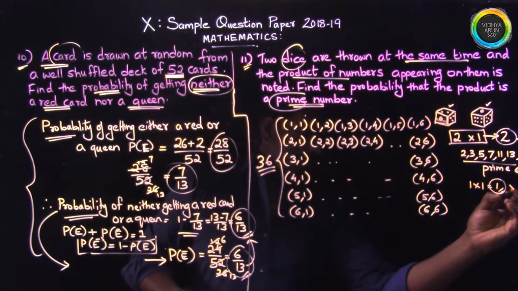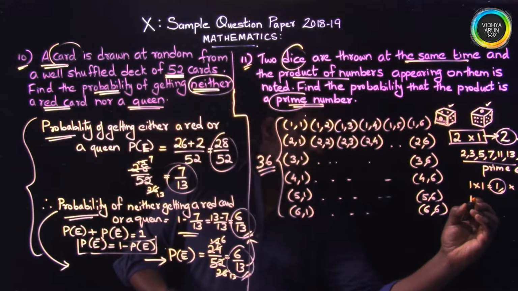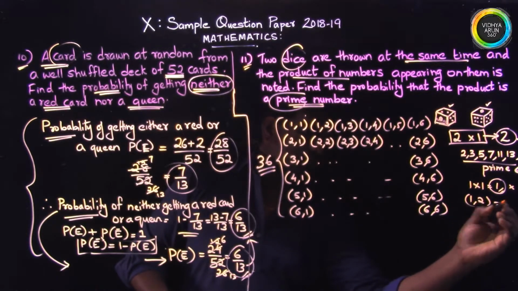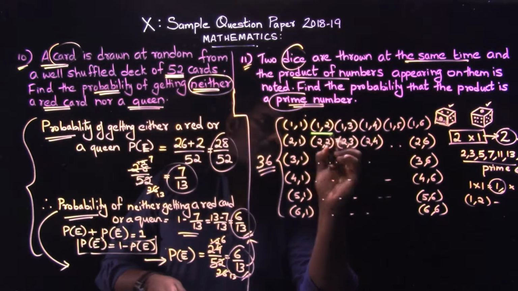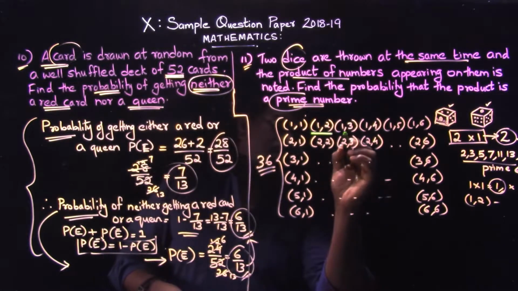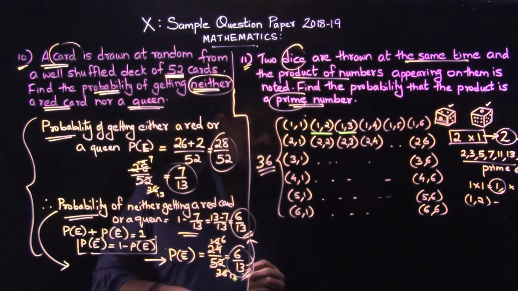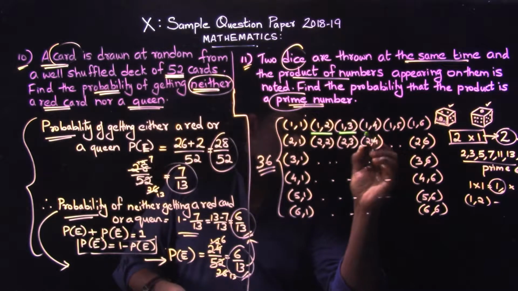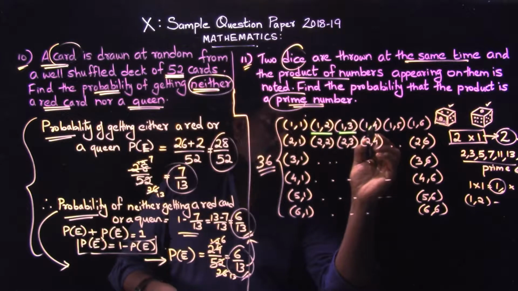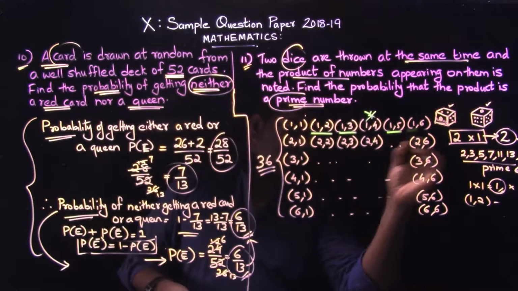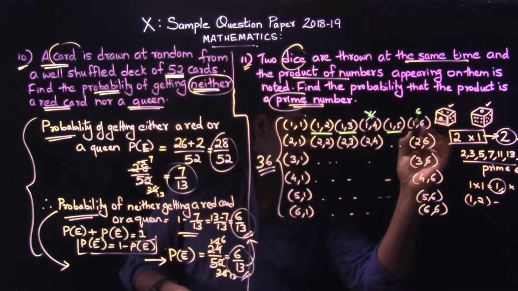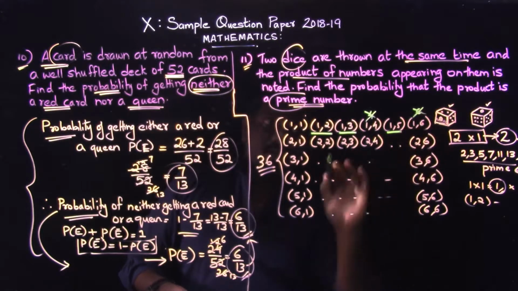Then 1 and 2, yes, it's a prime number. 1 and 3, it's a prime. 1 and 4, 1 into 4 is 4, which is not a prime. 1 and 5, yes. 1 into 6 is 6, which is not a prime.